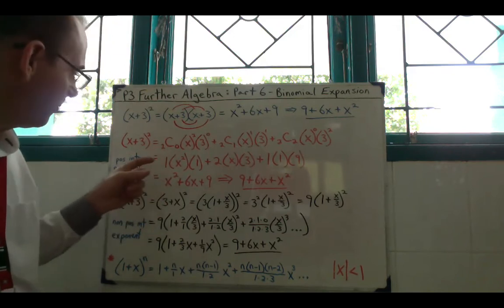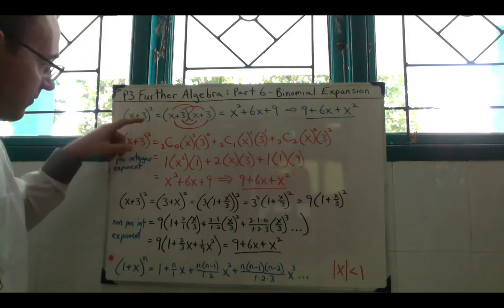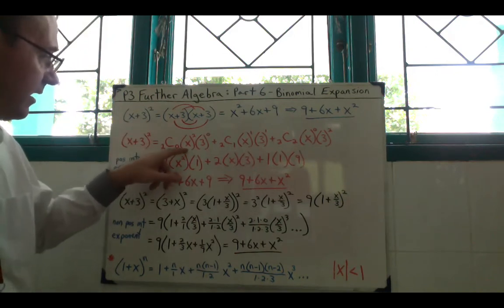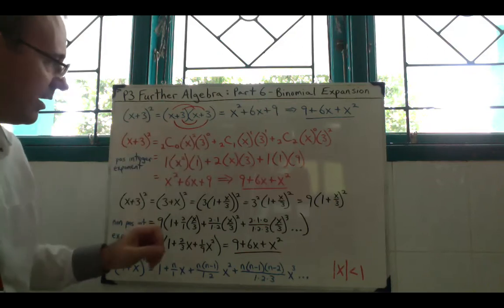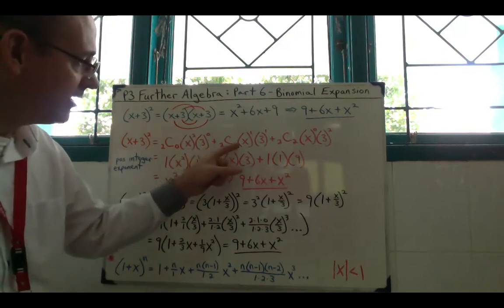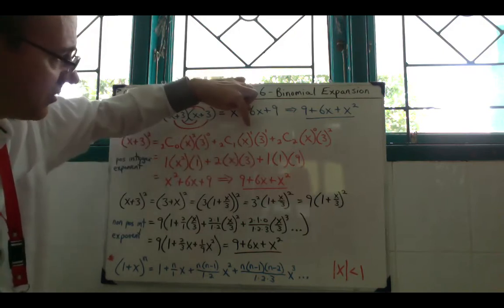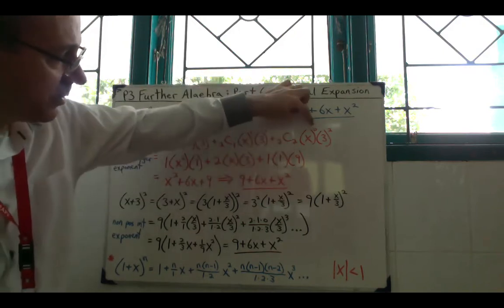So if you have an exponent of 2, you have 2C0 with the first term to the second power, the last term to the 0 power, and then 2C1 with exponents of 1, 1, and then 2C2 with exponents of 0, 2.